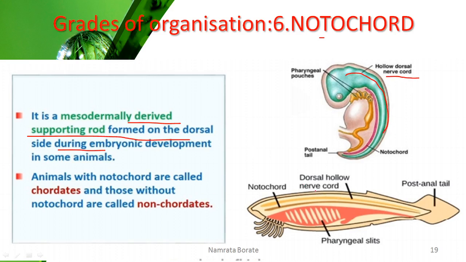The dorsal side forms a nerve cord during embryonic development. Some animals have the notochord and the nerve cord, so they are called chordates. But in some animals the notochord is absent, so they are called non-chordates.